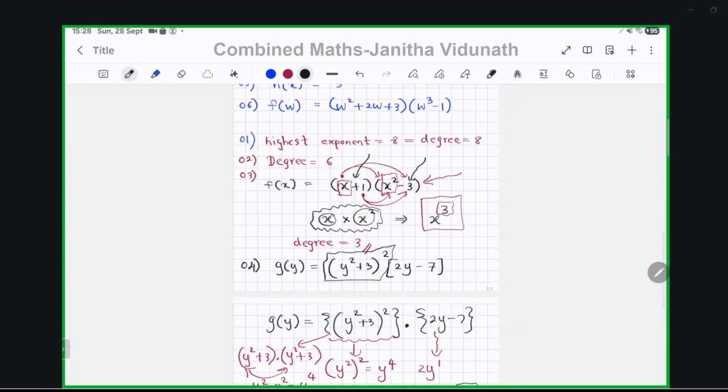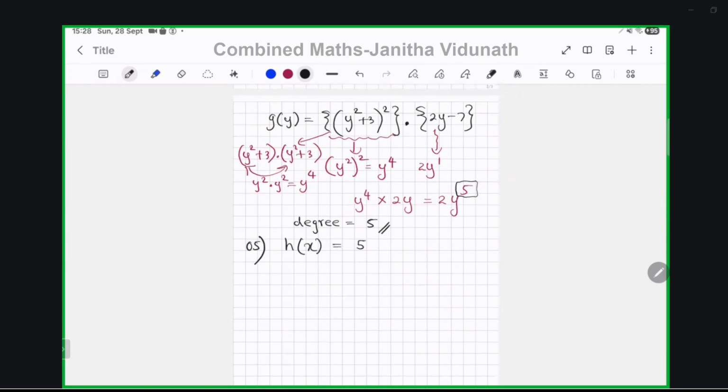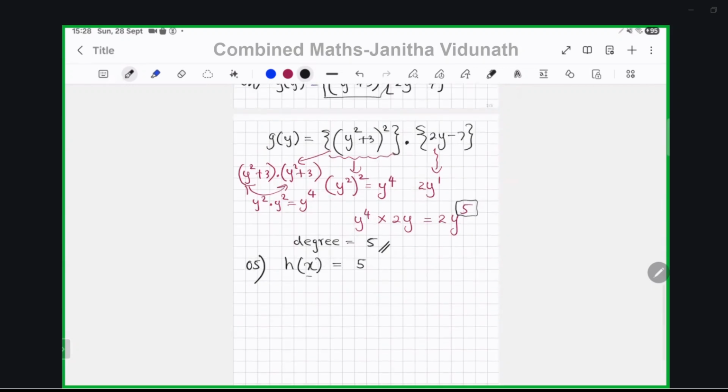The next question is h(x) equal to 5. Here our variable is x, but there is no term like x. But we already know 5 can be written as 5 times x to the power 0.